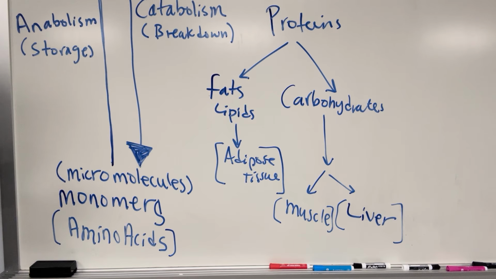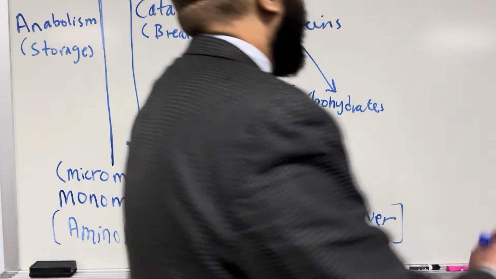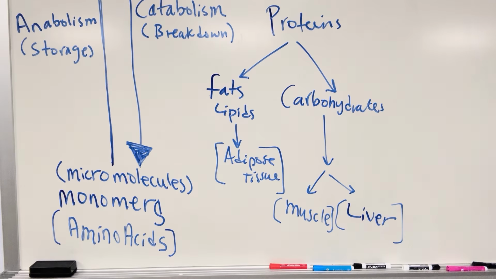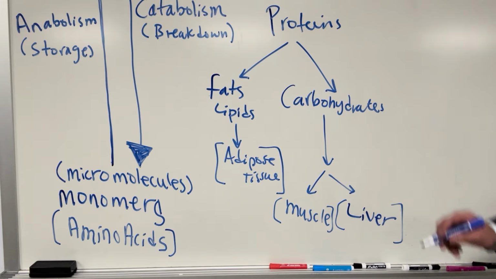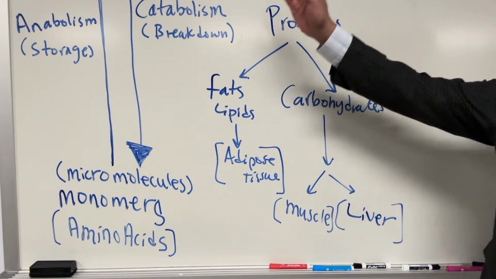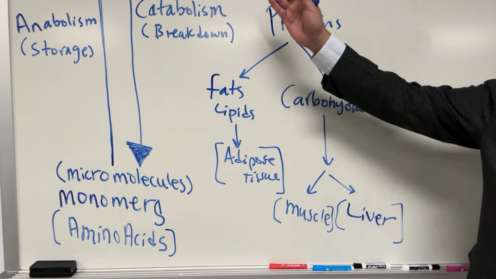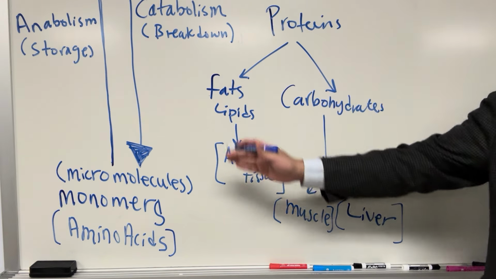You need to know something. When we are discussing anabolism, we are talking about the different types of what is happening when we are performing anabolism, and what is happening when we are performing catabolism.